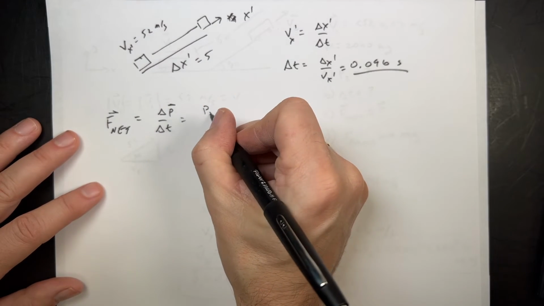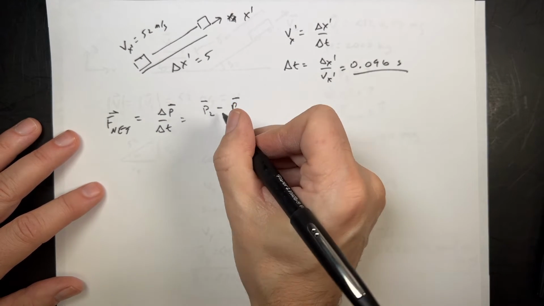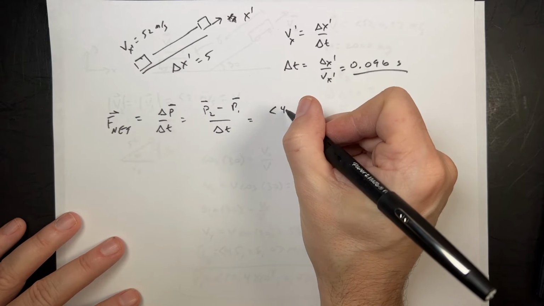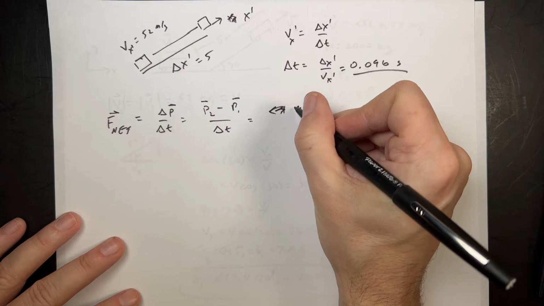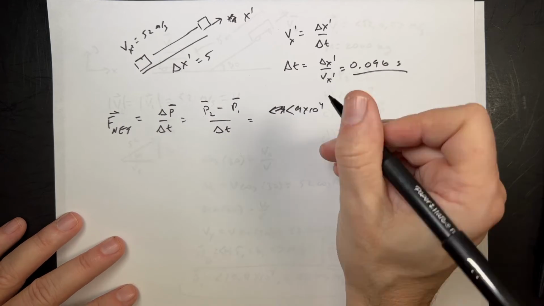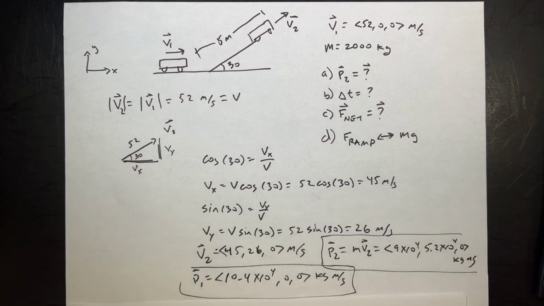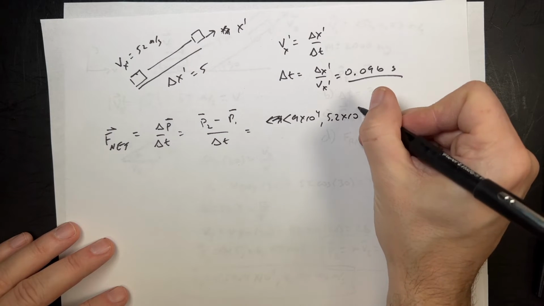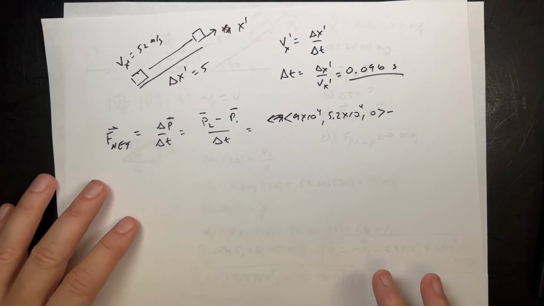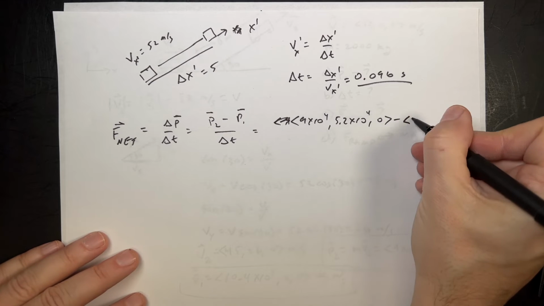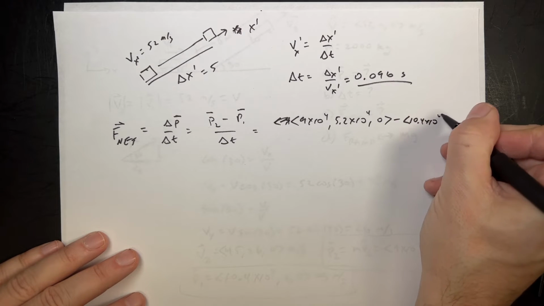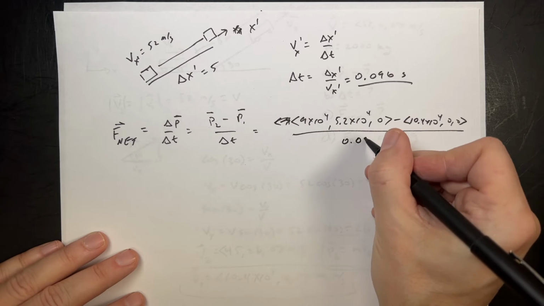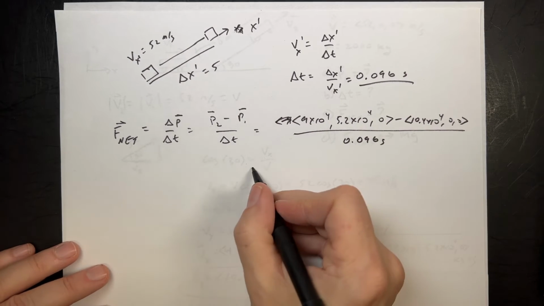So we can write that as P2 minus P1 over delta T. So P2 was the vector 9 times 10 to the fourth, 5.2 times 10 to the fourth, 0, minus the initial momentum, which was 10.4 times 10 to the fourth, 0. All of that divided by 0.096 seconds.